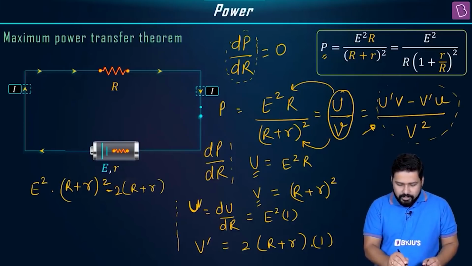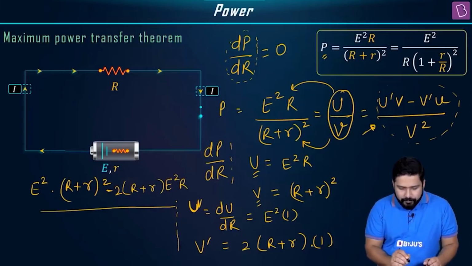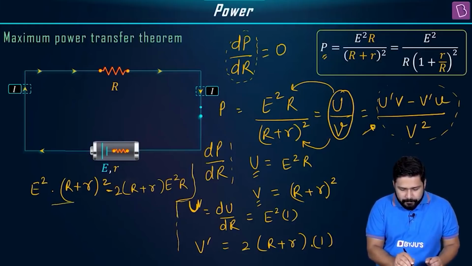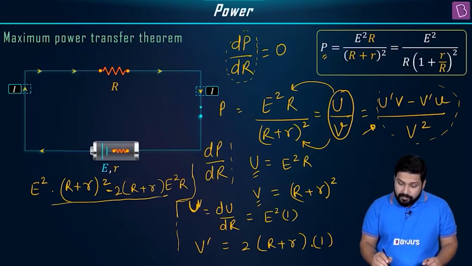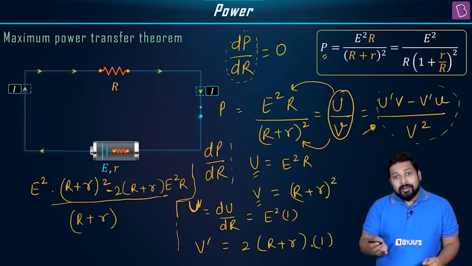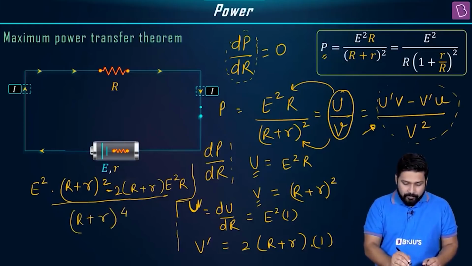U you have taken as E square R, E square times capital R. No problem. Divided by this entire expression, divided by V square. What is the value of V? Capital R plus small r the whole square, again squared, which means the whole to the power 4.